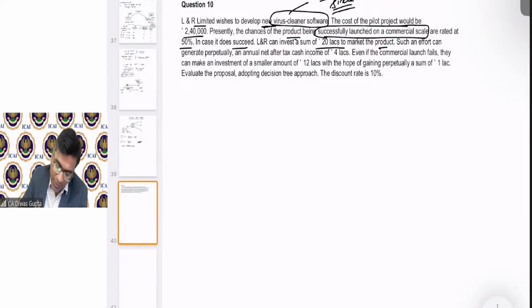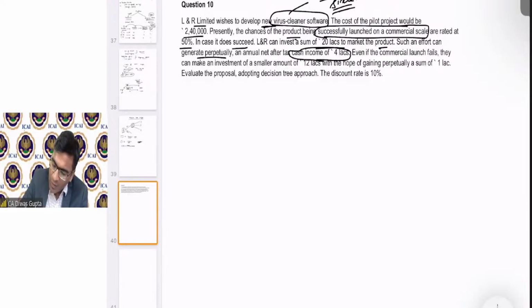Such an effort can generate perpetually an annual net after-tax cash income of 4 lakhs. So if you go ahead with the pilot and it is successful, then you will invest 20 lakhs, and after investing 20 lakhs, you will get 4 lakhs. You see chain events. Every event here will have a second possibility of not succeeding also. That is the essence of the decision tree that we will see.